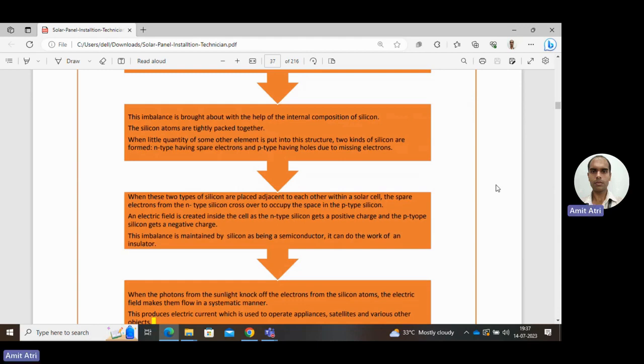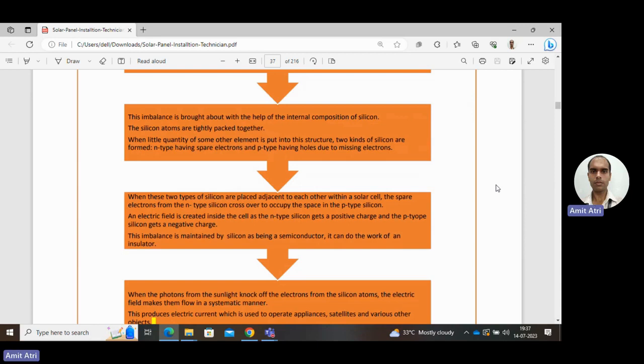When we use some impurity and insert extra electrons, an n-type semiconductor is formed. And when we insert fewer electrons, so there is a deficiency of electrons, that is a hole, which is caused in the semiconductor, and we call it a p-type semiconductor. So two types of semiconductors are there, n-type and p-type.